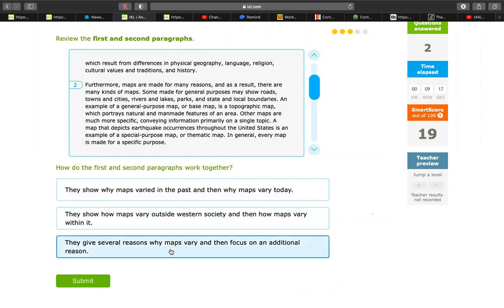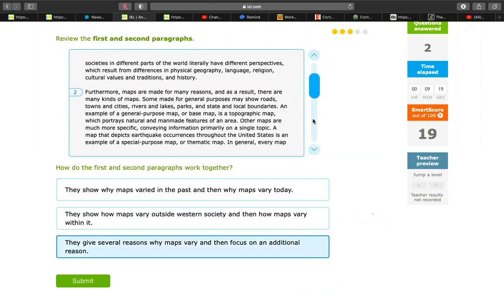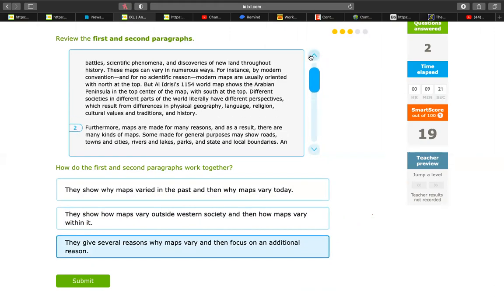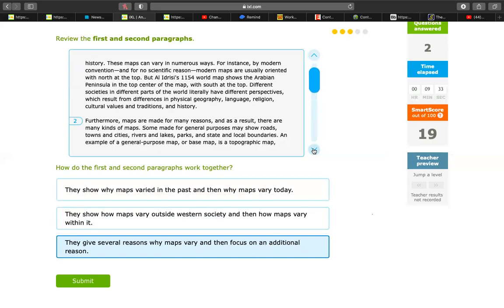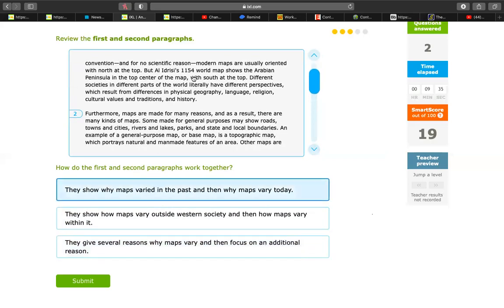I think it's this one. I could be wrong though. So we are looking at an example, several reasons why maps vary. Could be there. Oh, yeah, I think it's this one. So it looks at the past and then links that to what's happening now. Can we agree on that?